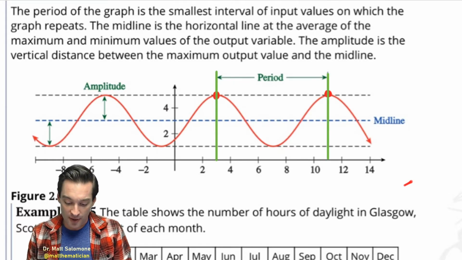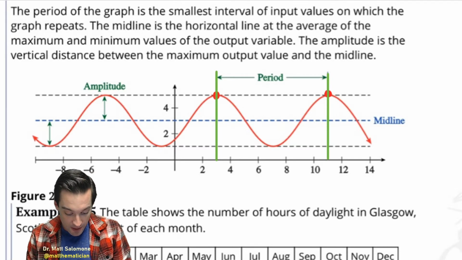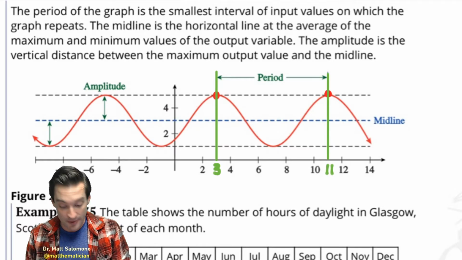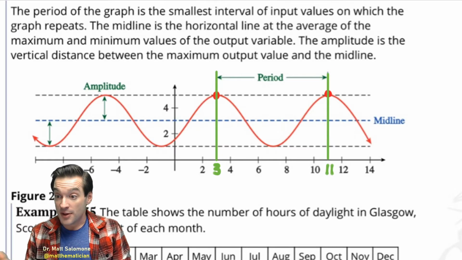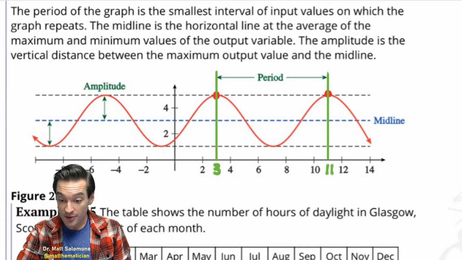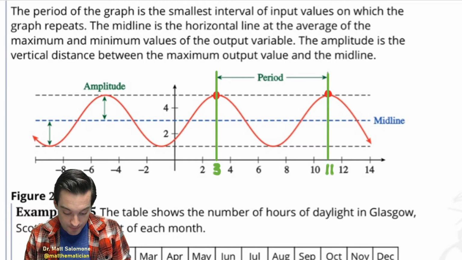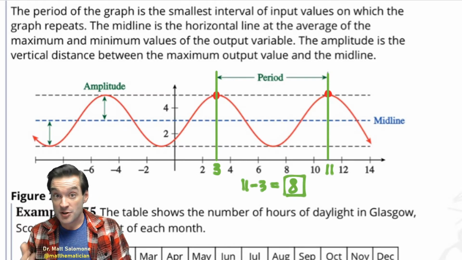And at least on the graph that we're looking at on the screen right here, this again coming out of Yoshiwara's Functions Modeling and Graphs text, it looks like this is repeating itself. It's at the same place at x equals 3 as it is at x equals 11. And so the period would just be the difference between those two things. So 11 minus 3 is 8. And so we would say that the period of this function, which we're looking at the graph of right here, is equal to 8.